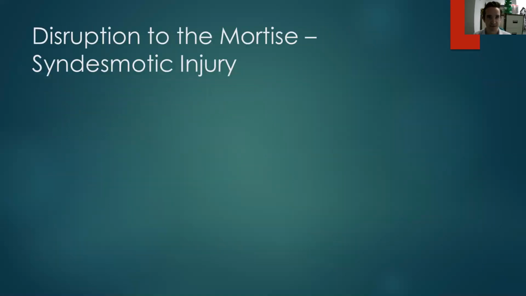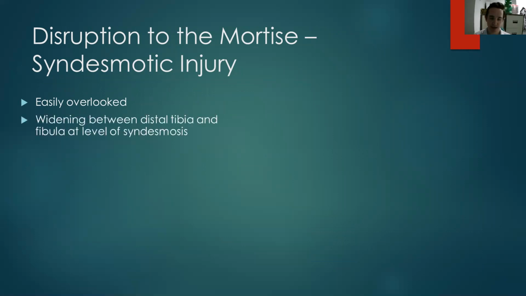Now, the first kind of injury to the ankle mortise that I will discuss is the syndesmosis injury or rupture. It's easily missed. When we're presented with a nice ankle mortise view, what we're concentrating on is the lateral and the medial malleoli, maybe the talus. We forget to check the syndesmosis, or we easily do, but we shouldn't when you know what to look for.